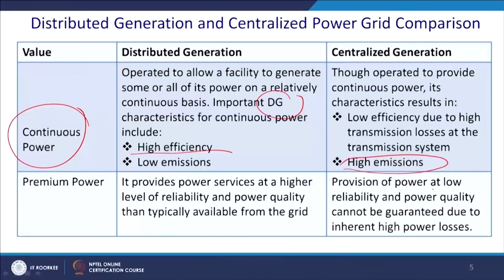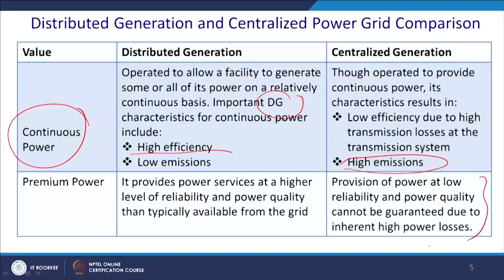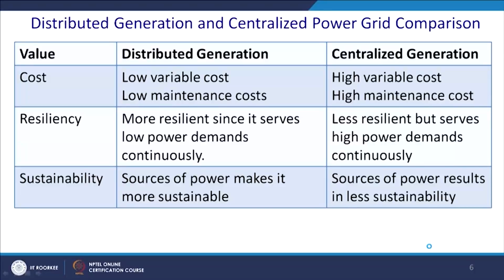Provision of power at low reliability and power quality cannot be regulated due to the inherent high power losses, and it is also feeding bulk consumers, which is polluting. Of course, nowadays we are demanding high reliability, so ultimately we require power quality devices to correct it. Now costs. In distributed generation, there are low variable costs, because you are generating from solar and wind, and their cost is coming down, and it also has a low maintenance cost.